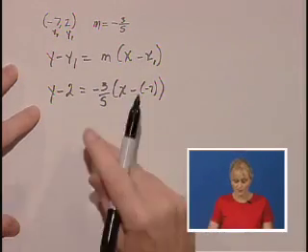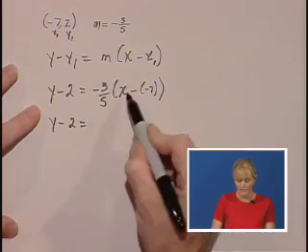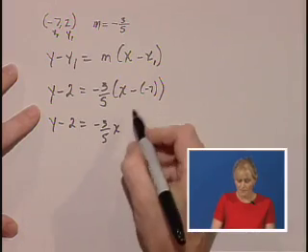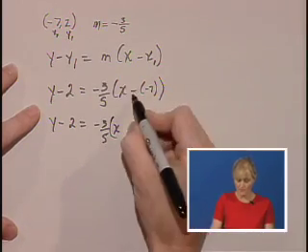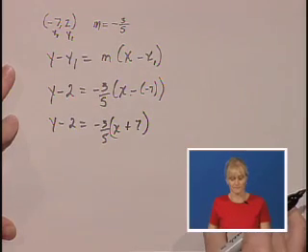So let's clean up this right-hand side. We'll have y minus 2 is equal to negative 3/5 times x, still in parentheses. We're going to clean up this minus minus to become plus 7.